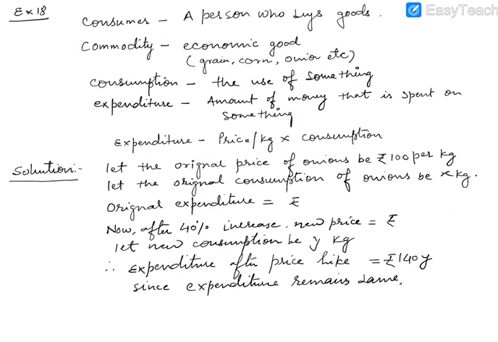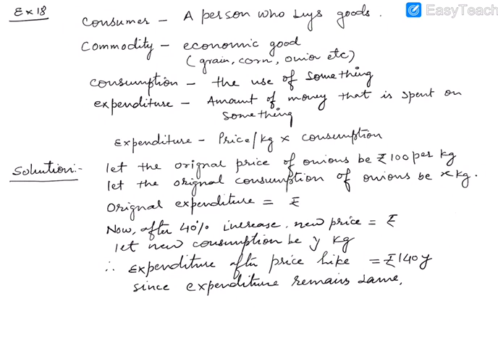First one is the consumer. What is a consumer? A person who buys the goods, like onion, any grain, corn. A person who purchases the thing is known as a consumer. Next term is commodity. What is a commodity?